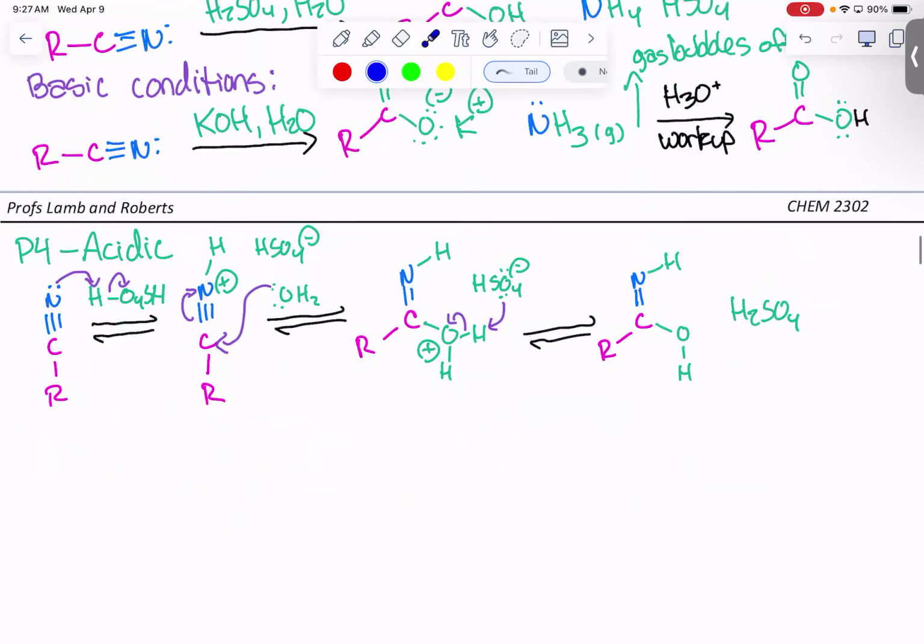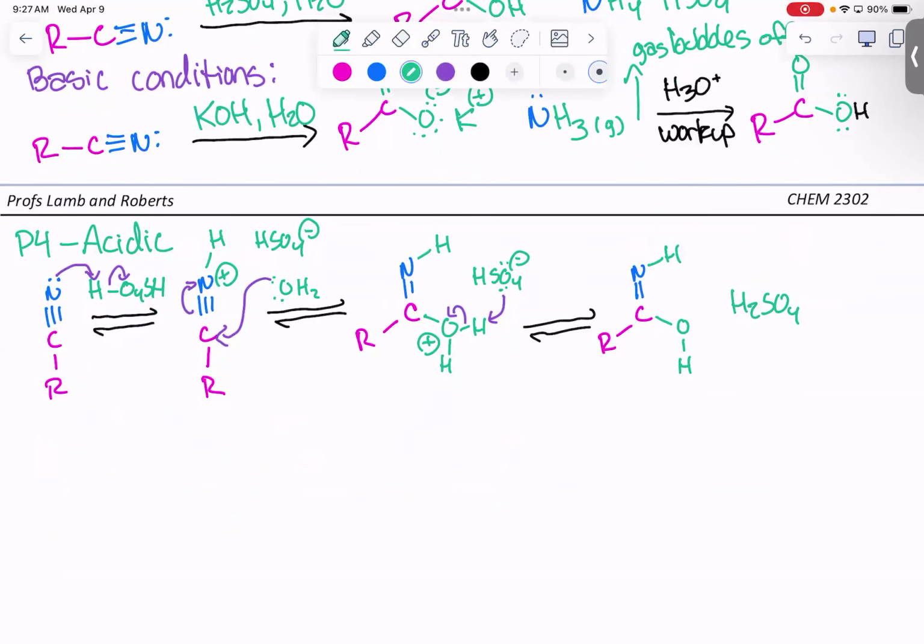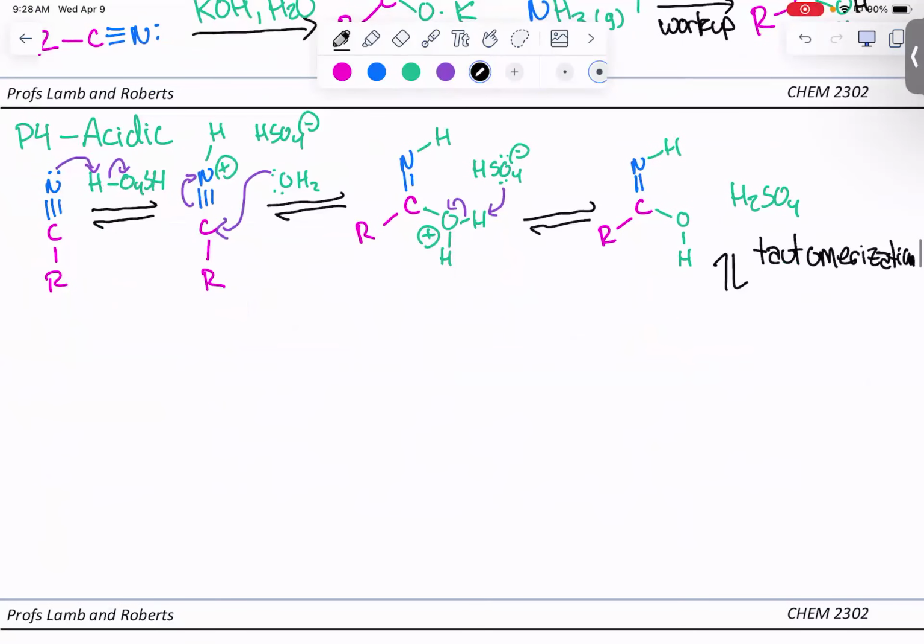So we've looked at this step before. It's called a tautomerization. And Professor Lamb is going to go over the very specific mechanisms for that. So we've decided to separate this out because this is such a long mechanism. And so you will learn about this, but I'm just going to show the product of tautomerization. You're not responsible for the arrows until Friday.